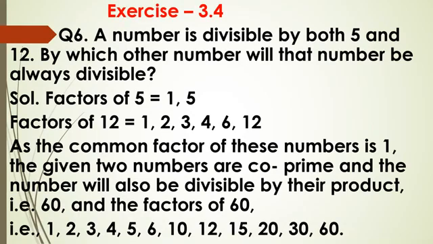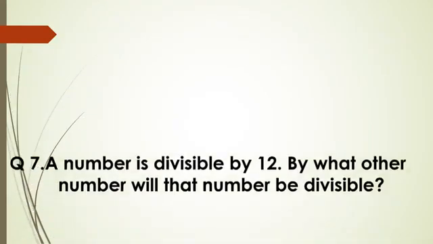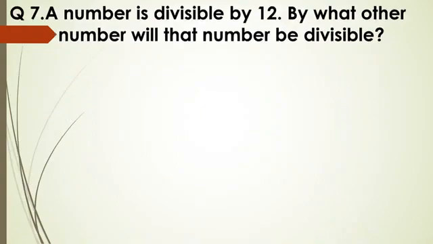Now see question number 7. A number is divisible by 12. By what other number will that number be divisible? If a number is divisible by 12, then that number is divisible by all its factors also, the factors of 12.